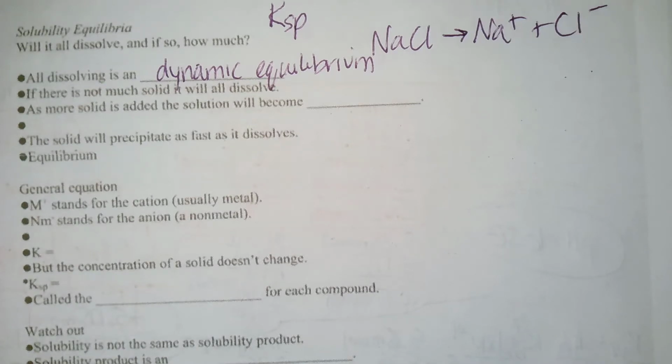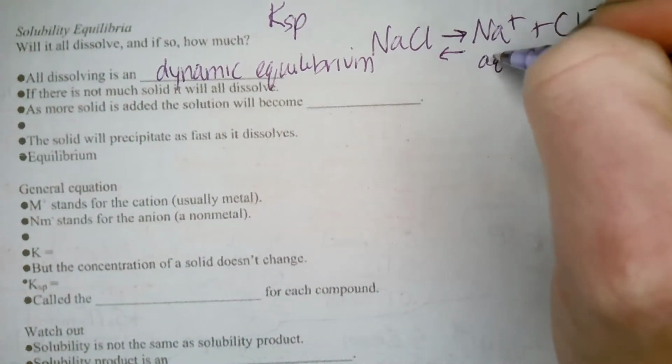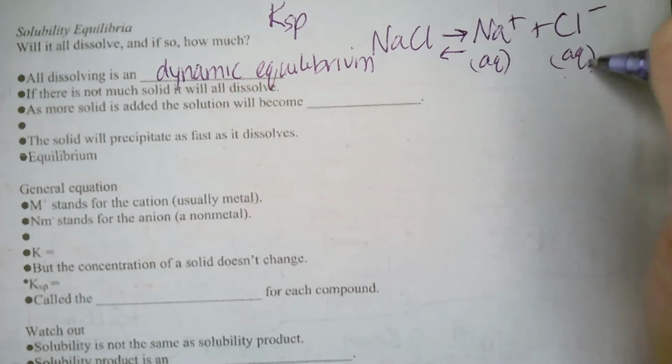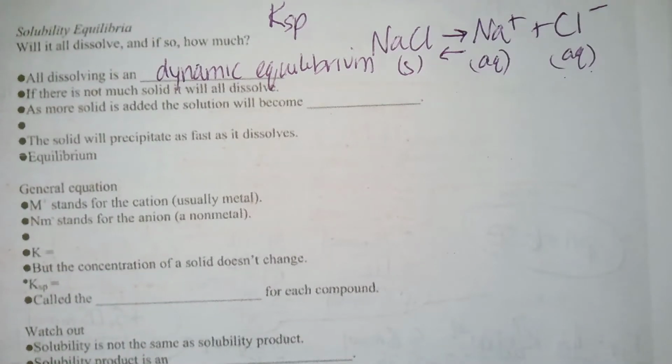And what we would begin to see is an equilibrium set up, where the dissociation in the forward direction is exactly equal to the precipitation out of the solid salt. So aqueous ions in equilibrium with their solid is called a dynamic equilibrium. That's when our aqueous ions are in dynamic equilibrium with the solid salt.